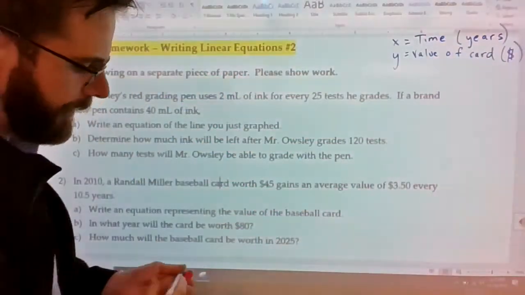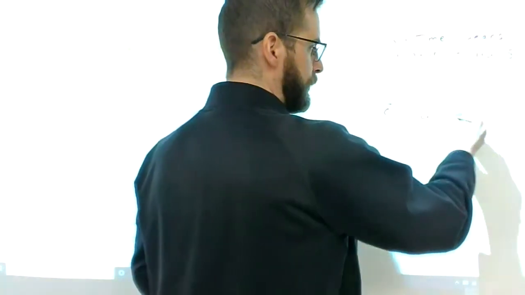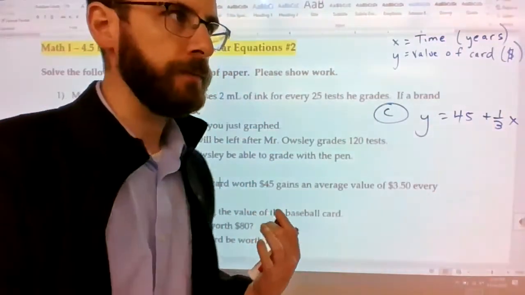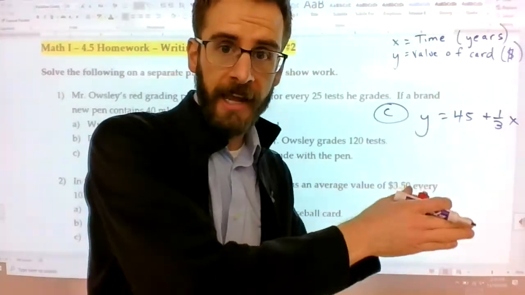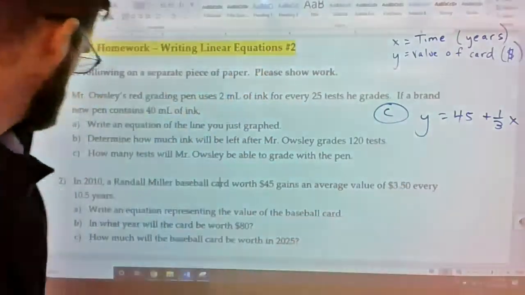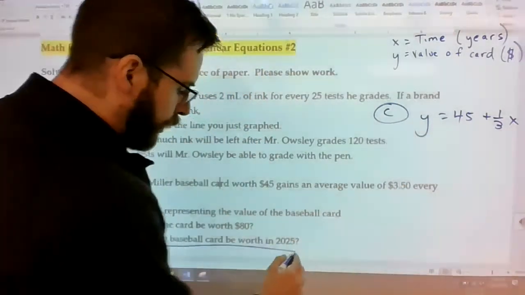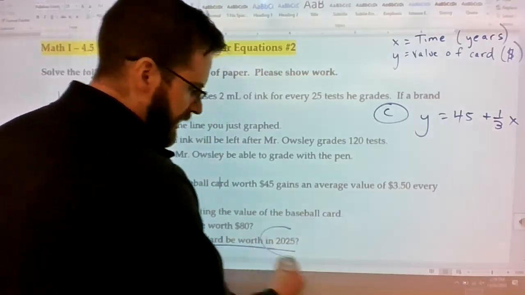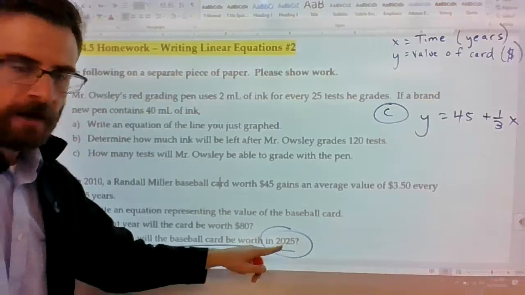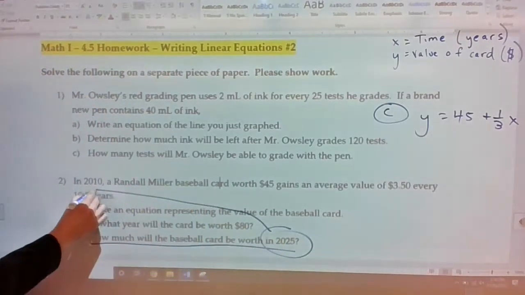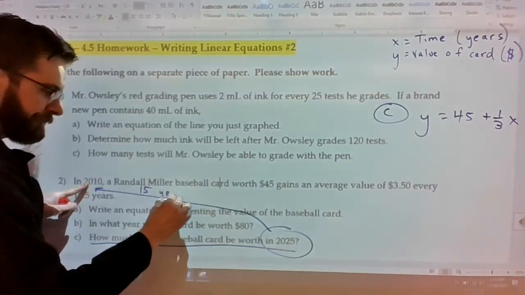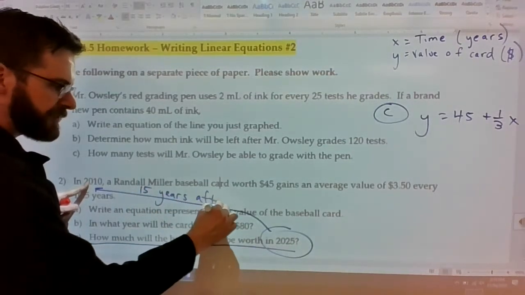Let's try part C now. Well, we start with our equation like we always do. Every time you do part A, you're using part A to find the remaining values. How much will the baseball card be worth in 2025? So, 2025 represents 15 years after 2010.